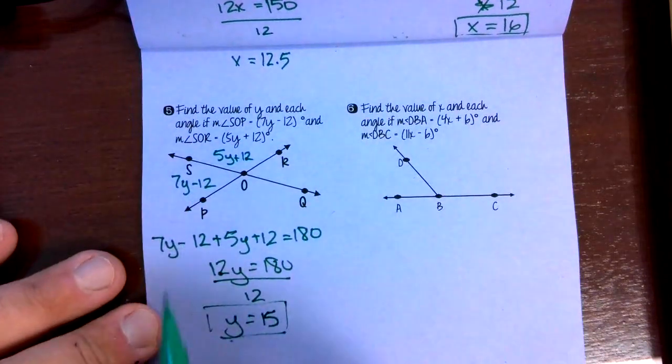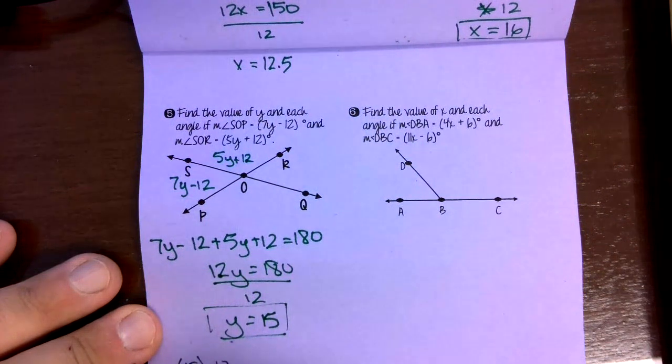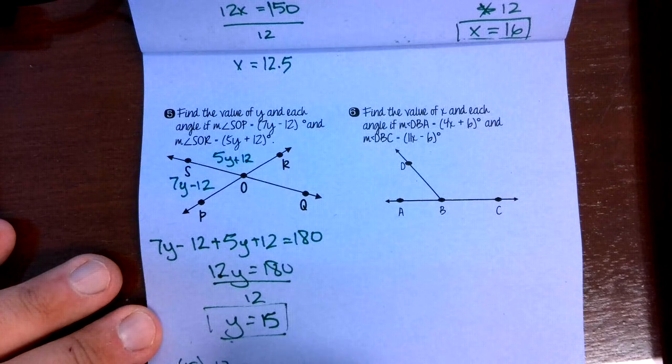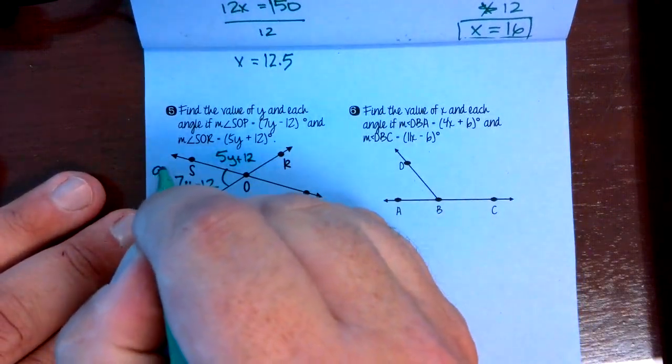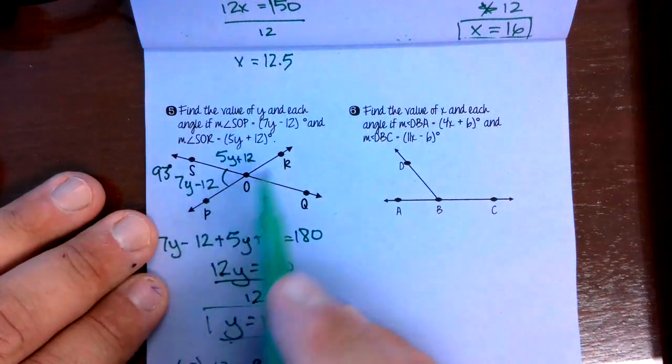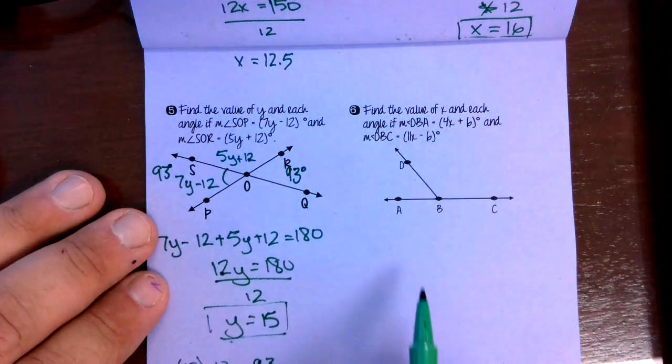So right here, I'm going to plug in 7 times 15 minus 12. I'll just punch that into the calculator, and I get 93. So this angle right here, 93 degrees. And if that's 93 degrees, this one's also 93 degrees.